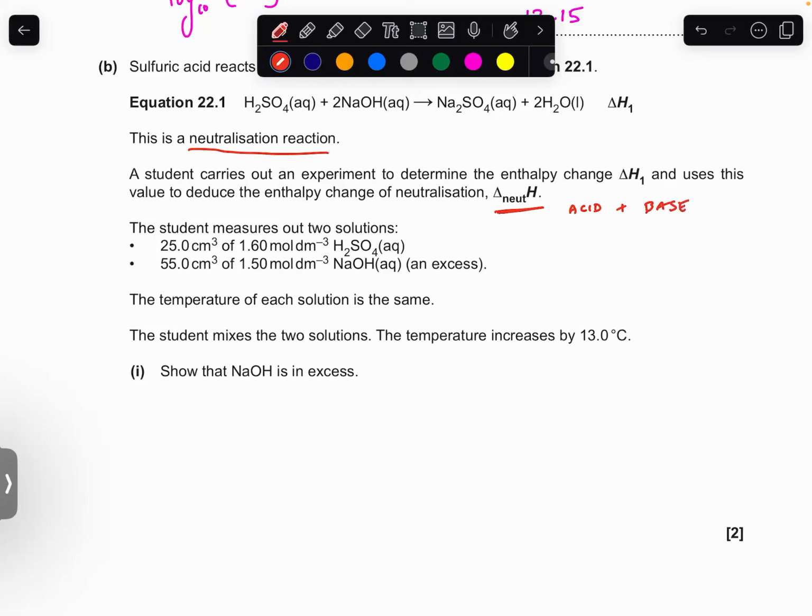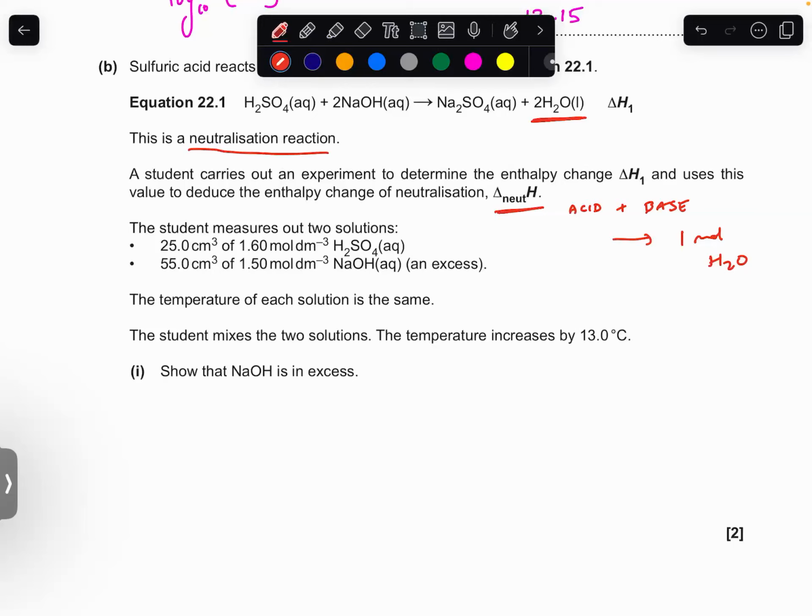And as you know, all definitions always refer to 1 mole. Acid and a base go on to form 1 mole of water in this case. This is the enthalpy change of neutralization. As you'll notice in the overall equation, delta H1, how many moles of water are forming? 2. And so we need to be mindful of that when we do part 2.